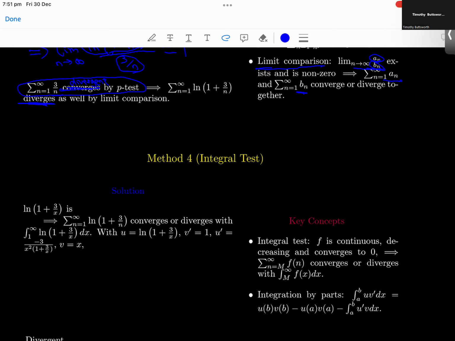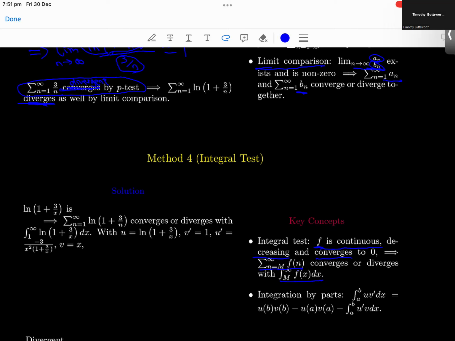So the setting is as follows. If we've got a continuous function that happens to be decreasing and convergent to 0 as x goes to infinity, then the discrete sum of f(n) from n equals m up to infinity, whether or not that converges or diverges is determined entirely by what the integral of this function is doing from m up to infinity.